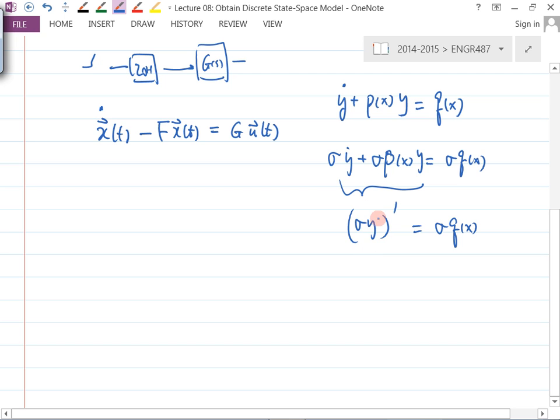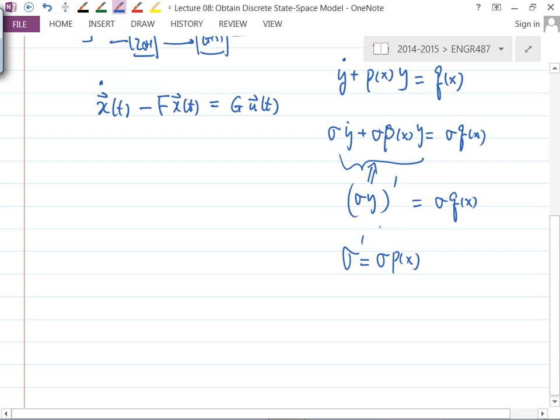That's basically the way to find sigma. In order to satisfy this condition, we can easily find sigma prime equal to sigma p of x. This is a simple first order differential equation again, and you can use separation of variables to solve for sigma.